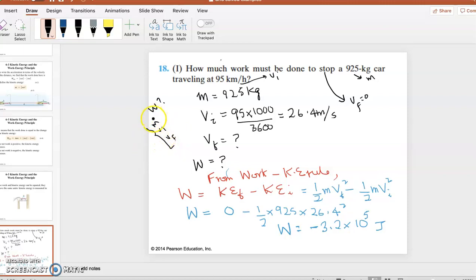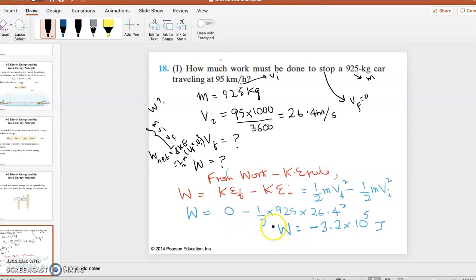Alright, so we think immediately about the work energy principle, where net work is equal to the change in kinetic energy, which is half m times V final squared minus V initial squared, right? And let's do it. V final is equal to 0. So the work is negative.